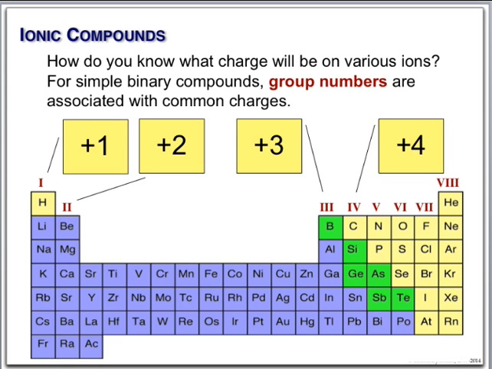Anything in the first group here is going to form a cation with a charge of +1. Anything in the second group is going to form a cation with a charge of +2. When we get over here, it gets a little bit iffy because we have semi-metals and we have funny things down here.